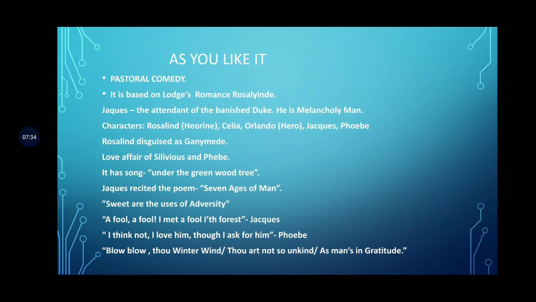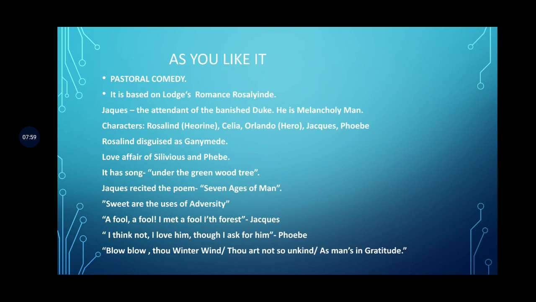Now we have Jacques in this. He is the attendant of the banished duke and he is famously known as the melancholy man. The important characters are Rosalind, who is the heroine, then Celia, Orlando, he is the hero, then again we have Jacques and Phoebe.